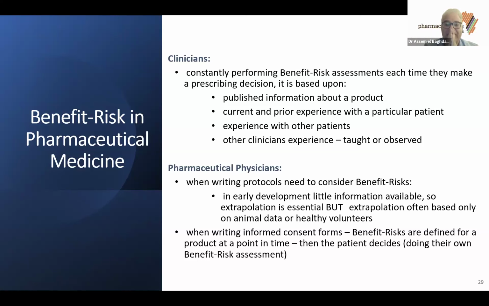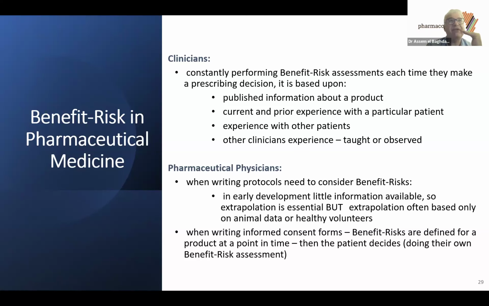So we're talking about extrapolation in early development, when you don't have much information at hand. You have to work your way through the available lab, non-clinical data, animal, in vivo and in vitro, and healthy volunteers if they are in. And it's the same when I sit down to write an informed consent form.